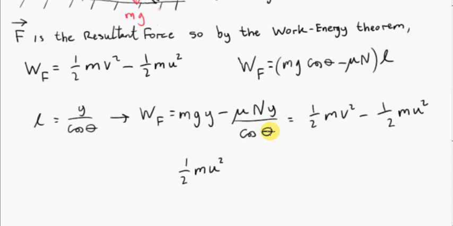Now, ignore this term here for the time being, and just refer back to what we did before. We had mgy equals a half mv squared minus a half mu squared. Well, we brought the minus half mu squared over. We wrote mgy in such a way that we could bring h into this. So this is what we had.